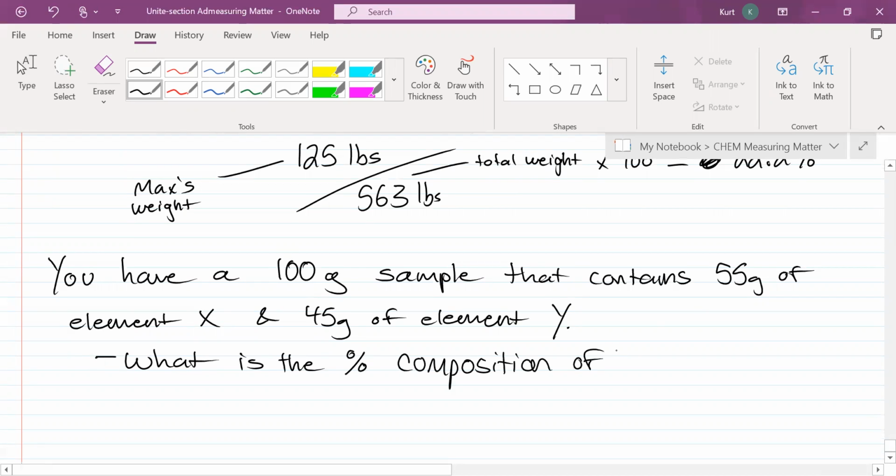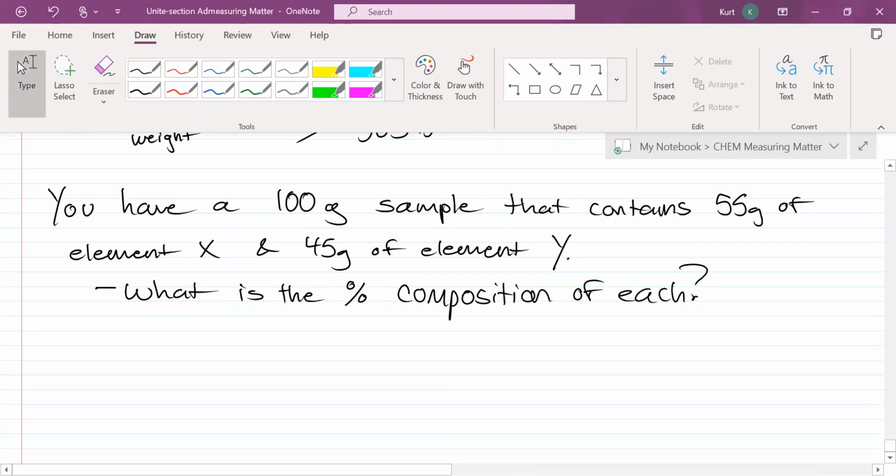Nick, what is 45 plus 55? 100. 100 even. It says you have a 100-gram sample. So Nick, I want to know what percent element X is of the total 100 grams. So X plus Y equals 100 grams. I want to know what percent is element X, what is its percent composition? So how do we figure that out?